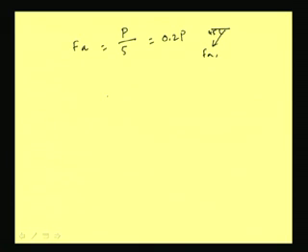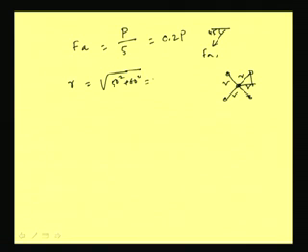And Fm can be found. Before finding Fm, let us find R. R for the extreme rivets, the 4 corner rivets, will be basically the square root of 50 square plus 60 square. So, this is coming 78.1 mm.